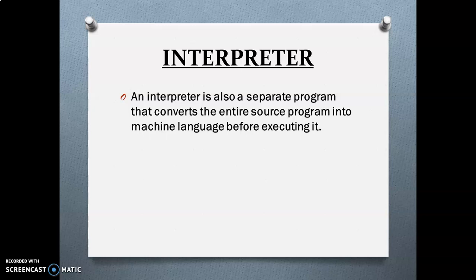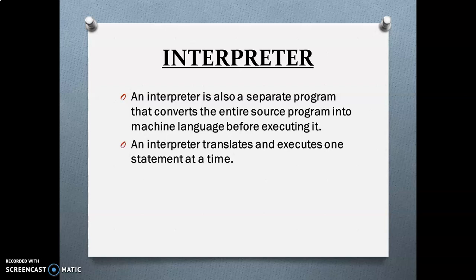It needs a converter. Or you can say that if you go to any foreign country, obviously you don't know their mother tongue, so you need a translator so that he or she can translate what you're saying in their language. So assembler, compiler and interpreter work like that only.